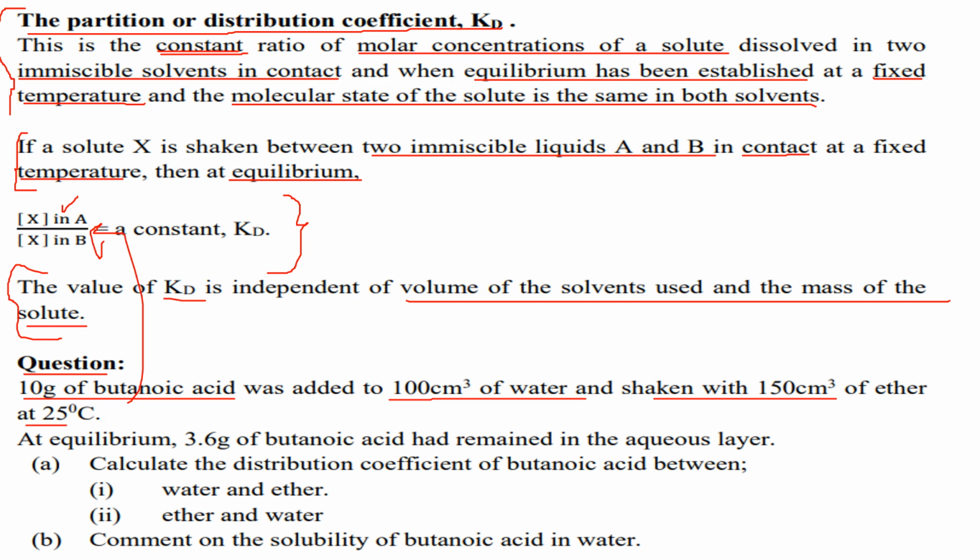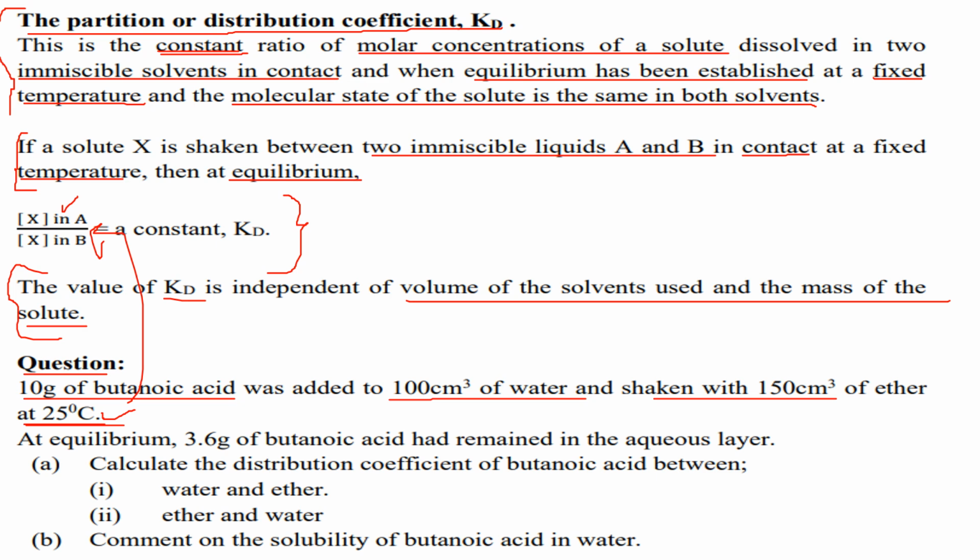This is done at a constant temperature, which is our room temperature, 25 degrees Celsius. This is the temperature where we carry out most of the experiments involving partition or distribution coefficient.